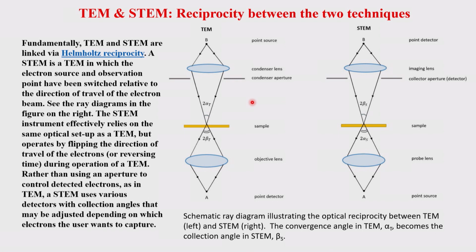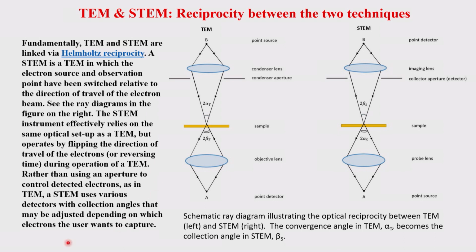So exactly reciprocal. TEM and STEM are linked by the Helmholtz reciprocity. The STEM is basically a TEM in which the electron source and the observation point, that is the detector, have been switched relative to the direction of travel of the electron beam. Not just a simple physical switching, but with respect to the electron beam travel.